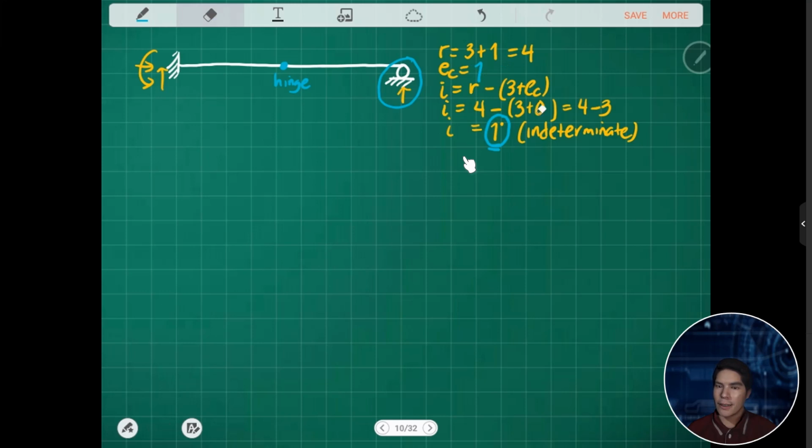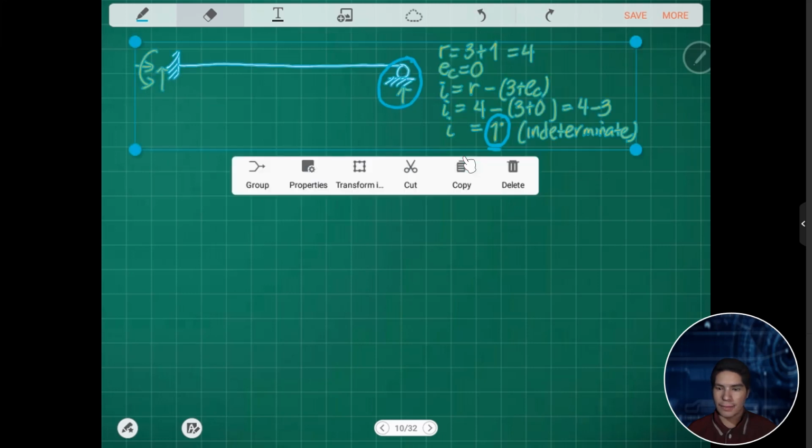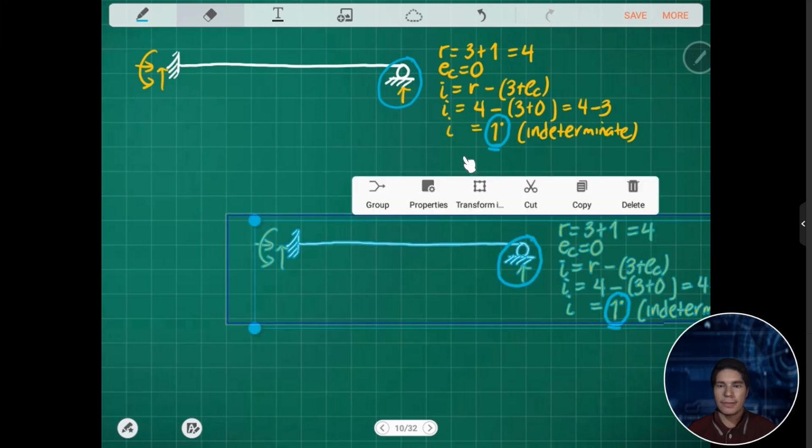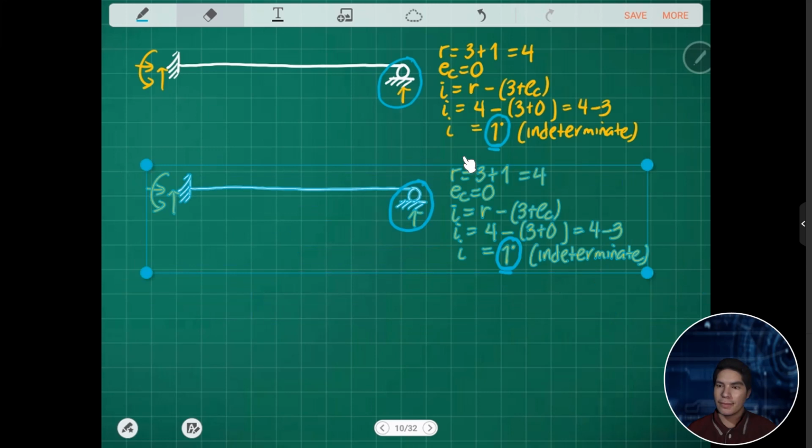Let me copy and paste it here. So let's say we add an internal hinge.